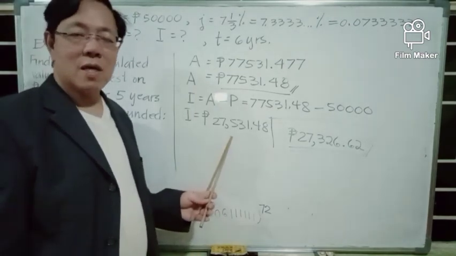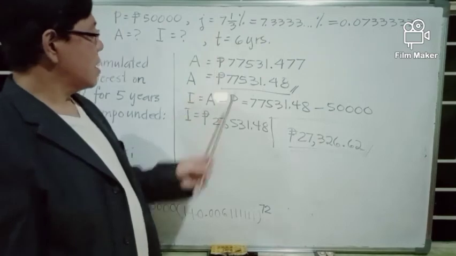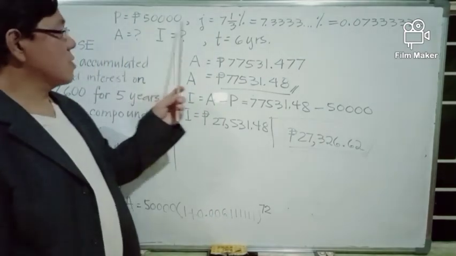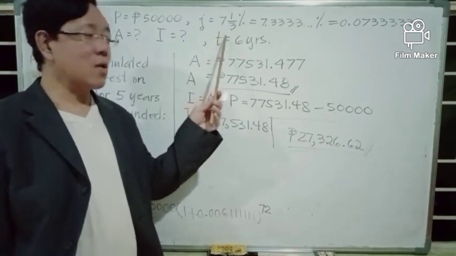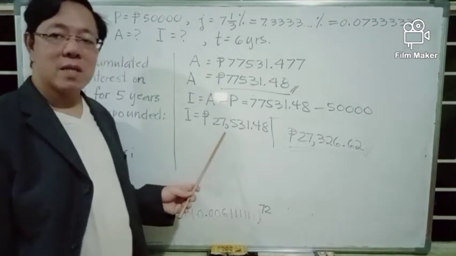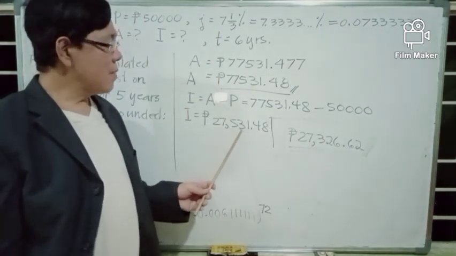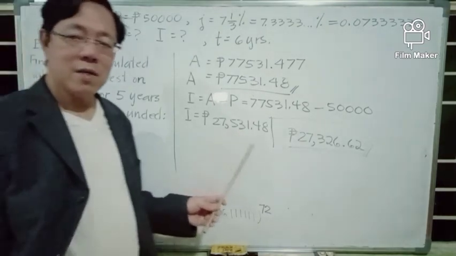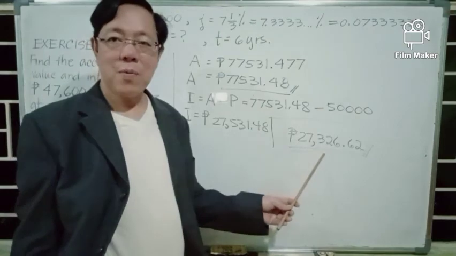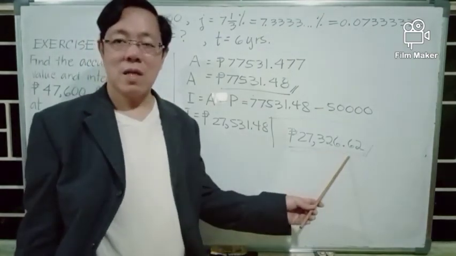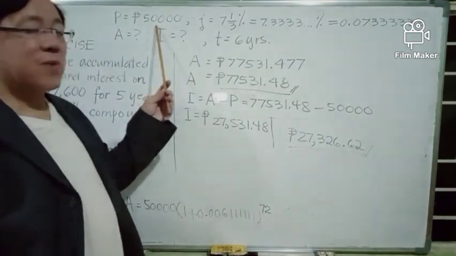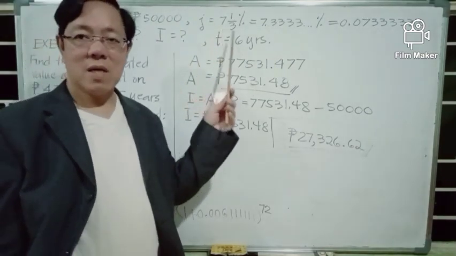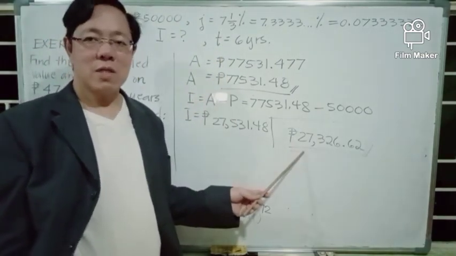The compound interest earned by 50,000 pesos at 7 and 1/3% compounded monthly is 27,531.48, which is slightly higher than the amount of compound interest earned by the same principal of 50,000 pesos at 7 and 1/3% compounded quarterly.